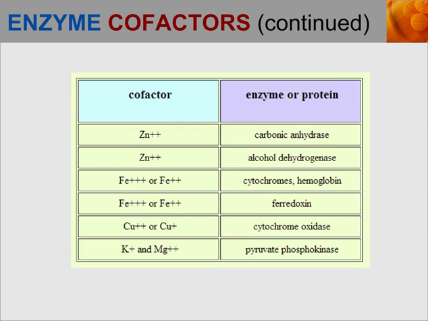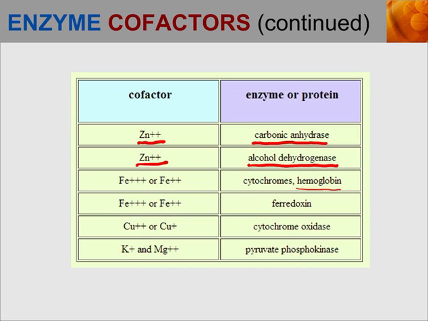And here are some examples of enzymes that have a cofactor. Carbonic anhydrase requires zinc 2+. Alcohol dehydrogenase, which breaks down alcohol, also requires zinc 2+. We know previously we saw hemoglobin is a protein that requires iron. And you can see there are other examples down below as well.